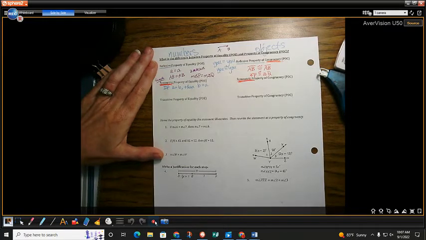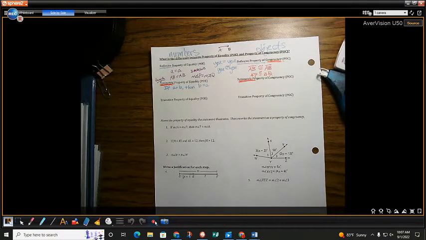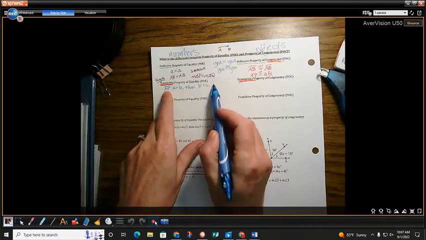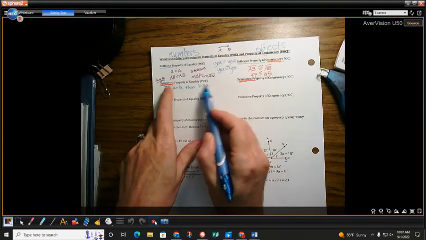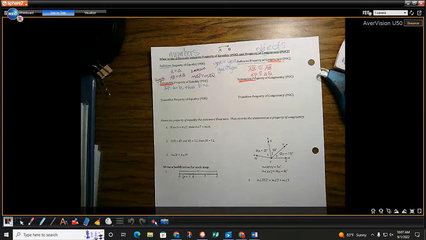It's symmetric. And it kind of looks like butterfly wings: the same part is in the middle, and then the matching part is on the outside of both. Same things are in the middle, same things are outside. So it's symmetric.